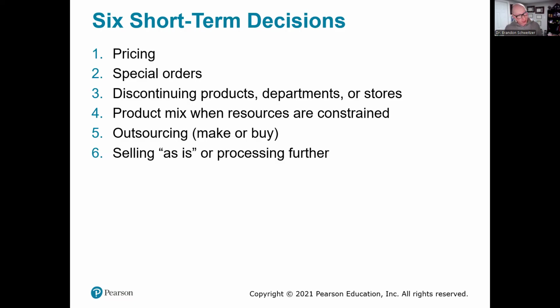We can sell it in barrels as it is, or we can process it further into byproducts. We can process it into gasoline, kerosene, or some other fuel, right? So we can sell it as it is in its raw form, or we can process it further. These are the six most common short-term decisions that management faces on a regular basis.